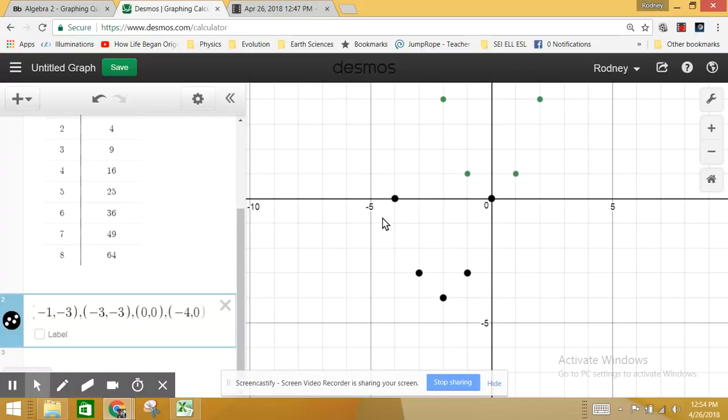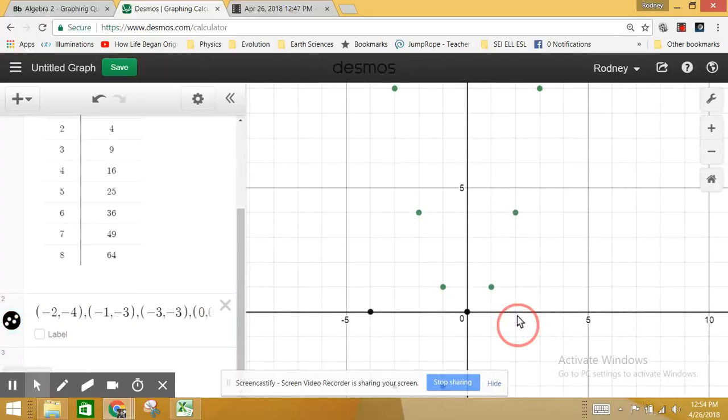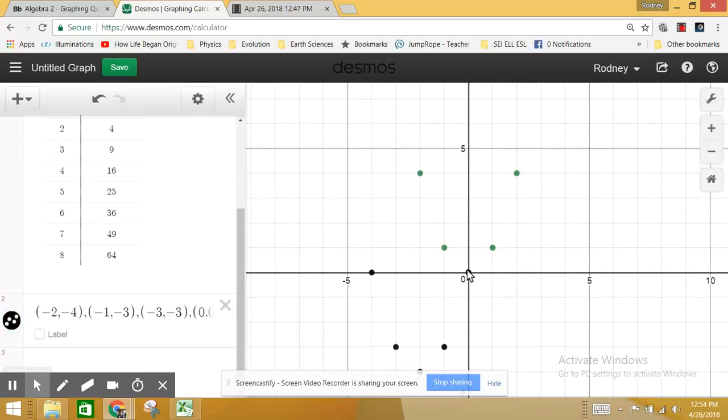And if you look at this, these two kind of match, right? So we'll probably have another one. If we go one more step past here, it should go over 1, up 5. So I should have a point at 1, 5 and at -5, 5.